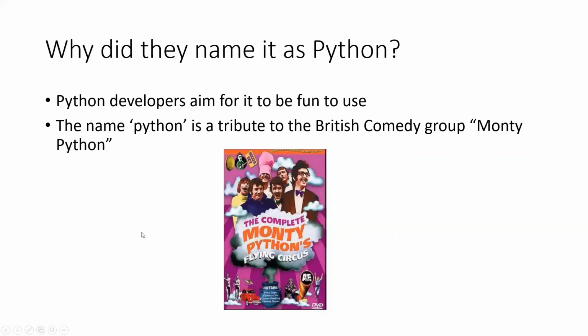Maybe the developers were watching a TV show, I'm not totally sure, or they might have been watching a movie. So the group of developers, or maybe our creator Guido van Rossum, might have thought, why not name it Python, or maybe this is his favorite show as well.